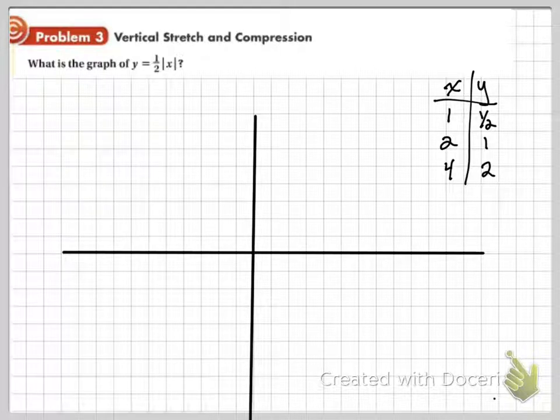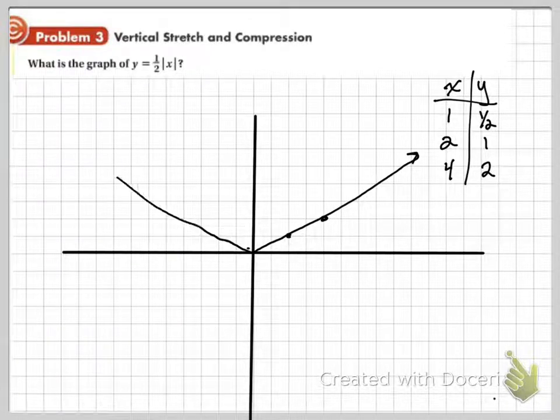So 2, 1 is right there. 4, 2 is right there. So that's going to make it on that kind of line out. And then you would do it symmetrically the other way, kind of like that. So what it does is it flattens it out a little bit, I guess you would say.